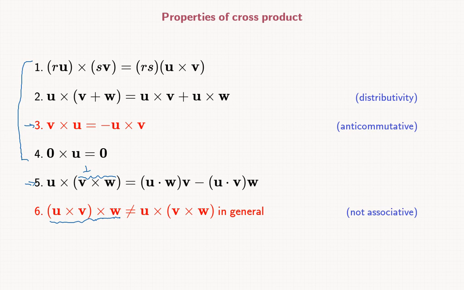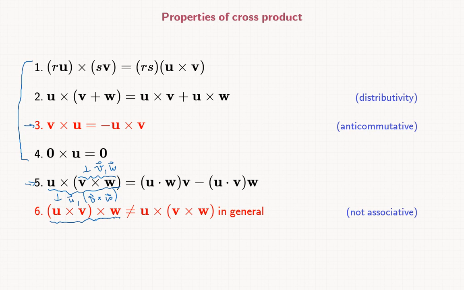Now, for the interesting one, number 5, so the explanation for this is v cross w is orthogonal, so I'll use the symbol for perpendicular sometimes, to both v and w. And then the cross product of that with u, so this is going to be orthogonal to both u and v cross w.